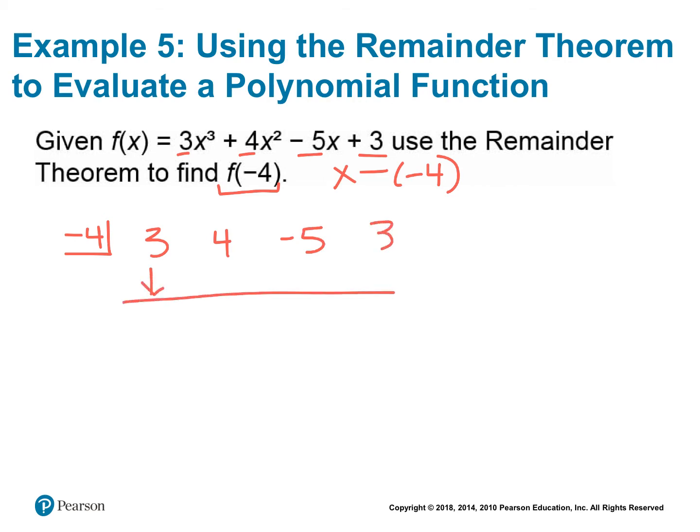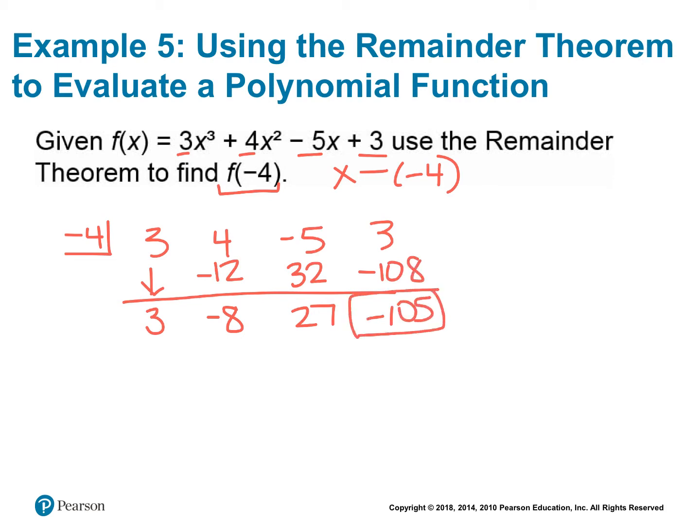Bring down the 3. -4 times 3 is -12. That gives us -8. -4 times -8 is 32. That gives us 27. -4 times 27 is -108, which gives us -105 as our remainder.